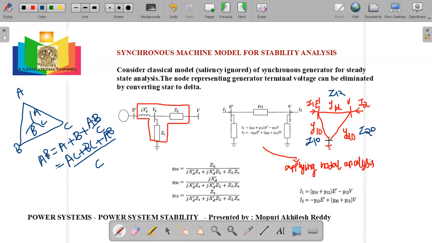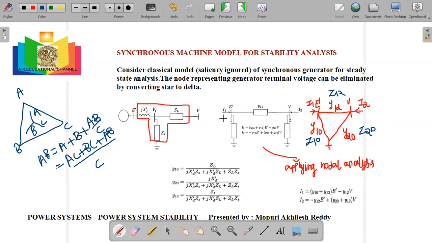Since these both are grounded, I am separating this ground thing separately. Now, here at the E dash, current entering is I1 and at V, current entering is I2.